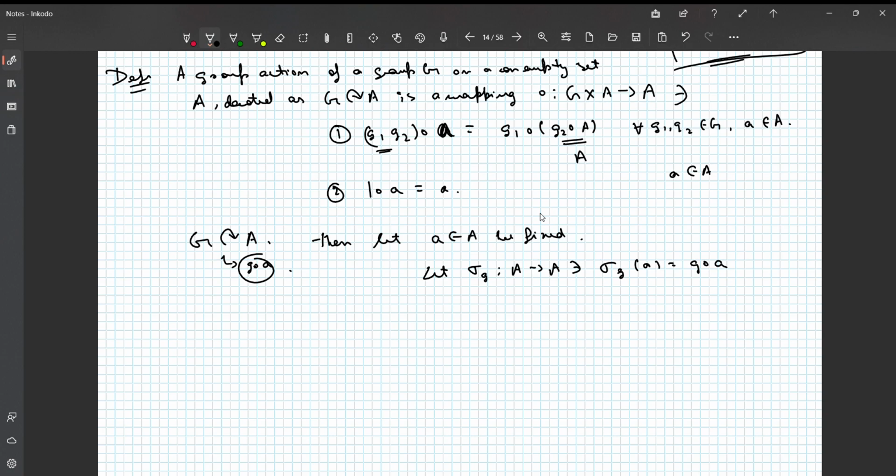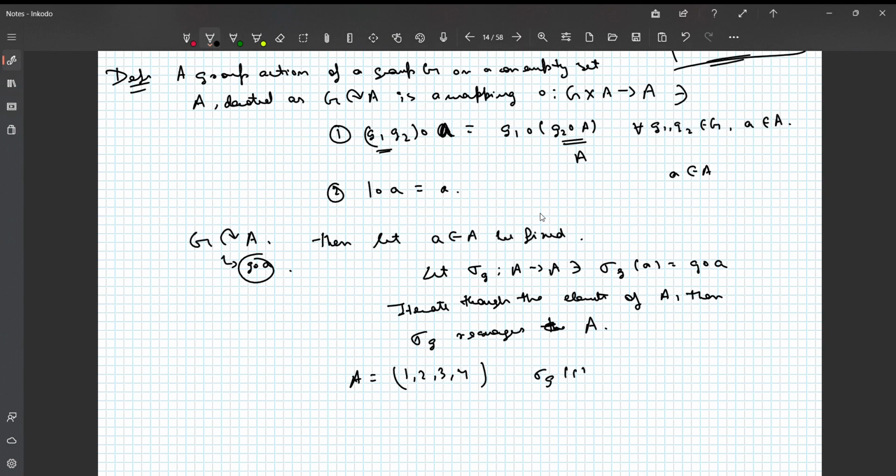So what I actually mean to say is, isn't sigma_g a permutation on A? Because if you iterate through the elements of A, then sigma_g rearranges the elements. So for example, let's say A is 1, 2, 3, 4.